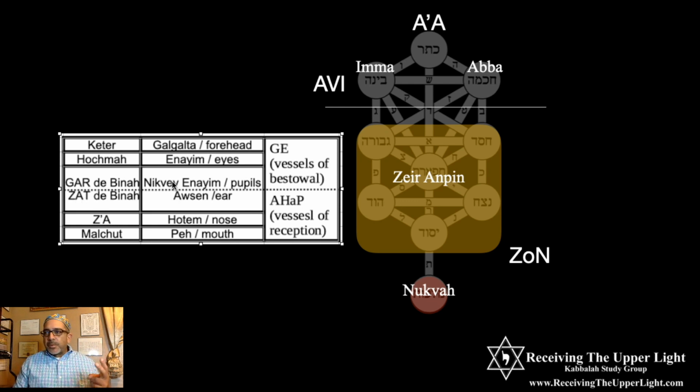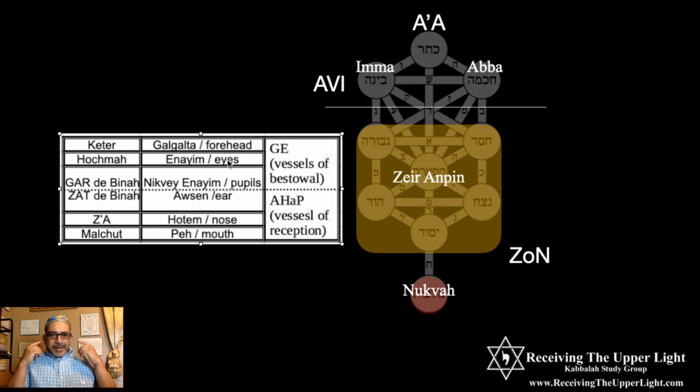The 3 upper ones are going to be called Nikvei Einayim, or pupils, and the 7 lower ones are going to be called Ozen, or ear. The 7 lower ones of Bina are basically what is called vessels of reception in Bina. And the 3 upper ones are above those vessels of reception, so they're considered basically vessels of bestowal.